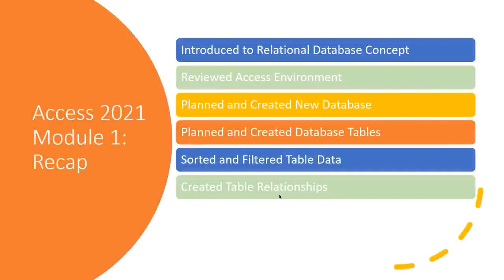So when we first started Module 1, I told you that we were going to start creating queries in this module. That was an error on my part. We're actually going to start those in the next module. So just to recap what we did cover in this extensive module, we started by getting the Northwind database from the template in Access and reviewing all of the database objects that were in there.